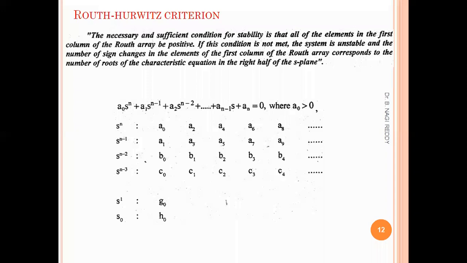This procedure was invented by two different scientists. One scientist's name is Routh, and the second scientist's name is Hurwitz. These two scientists worked on this concept and invented it, so that's why it is called the Routh-Hurwitz criteria.